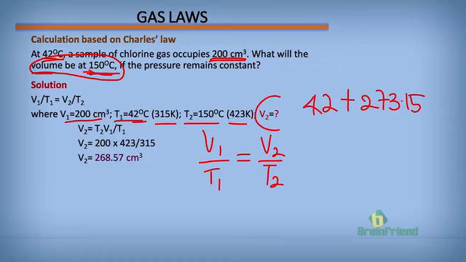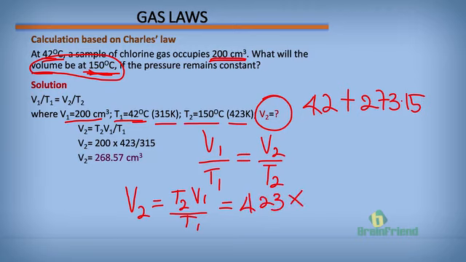So what we'll be looking at is our final volume that was not given. So with this formula, when we make V2 what we are looking for, it means that we'll be working with T2 V1 over T1. So when we put in these variables, our T2 was given to us at 423 multiplied by V1, which is 200, divided by T1, which is 315.